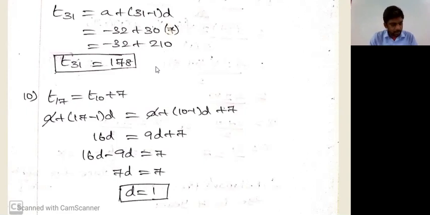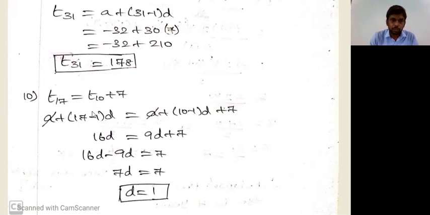Moving on to the 10th question. The 17th term of an AP exceeds its 10th term by 7. Find the common difference. We don't have any other information. The 17th term, T17, exceeds the 10th term, which means T10 plus 7 gives you T17. So T17 is equal to T10 plus 7 is the required equation.